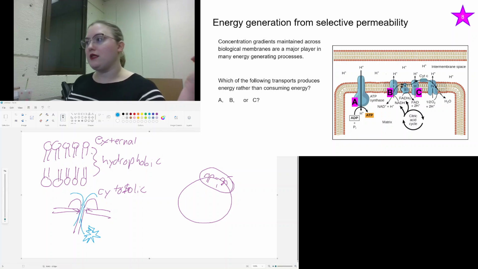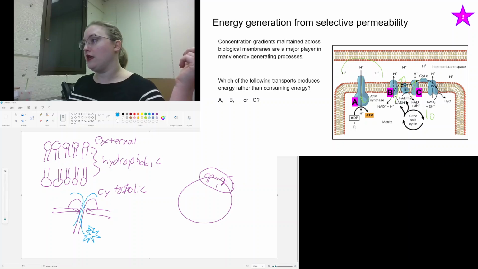So if we're looking at this diagram right here, we have ATP synthase. Our hydrogens are going through ATP synthase from high to low. From high to low, so think about that. And then over here in our proteins, the ones marked B and C, we are pumping hydrogens against their concentration gradient.